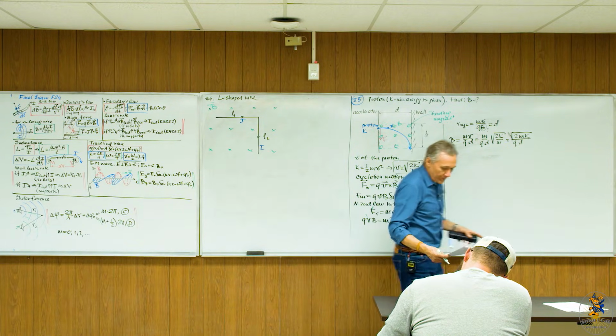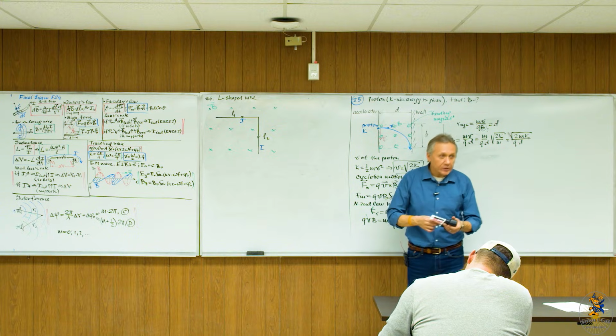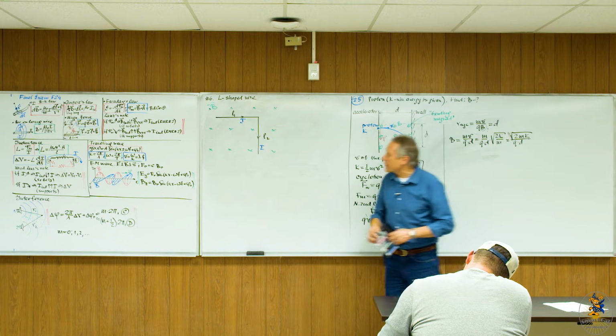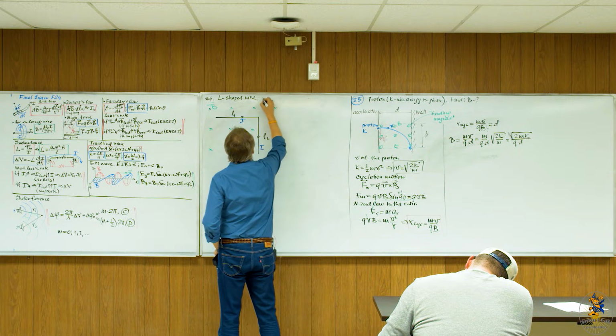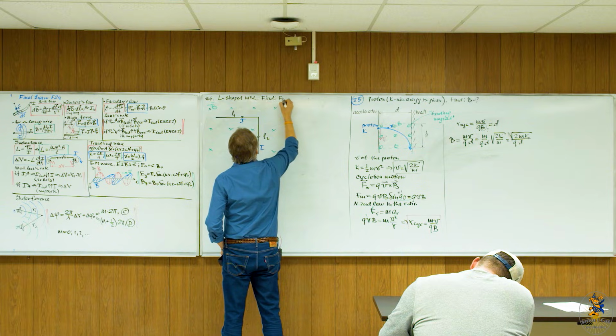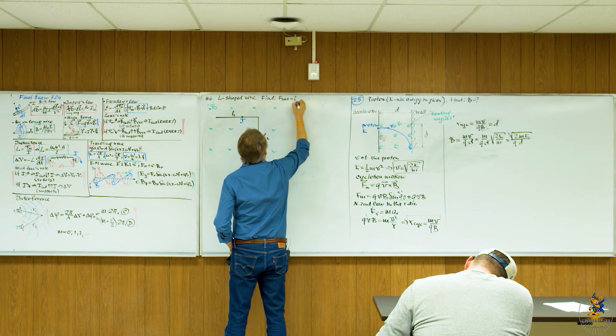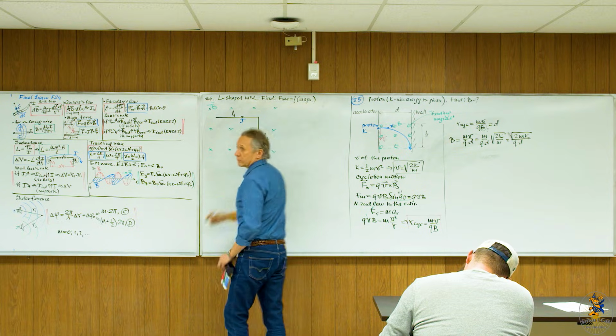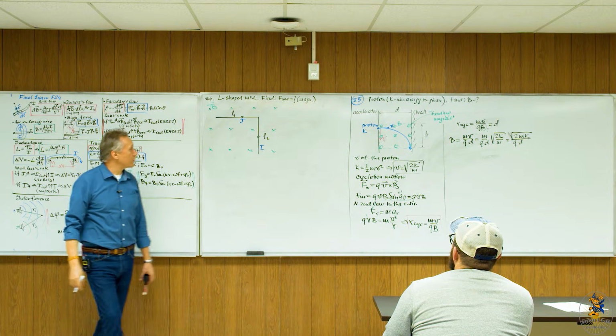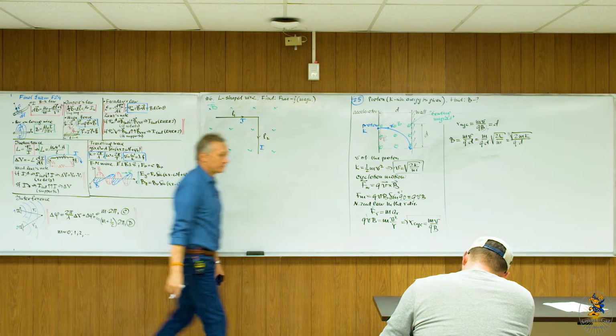All right. The question is we need to find the net force acting on this L-shaped wire. So we need to find the magnitude of F net, the net magnetic force acting on this wire.